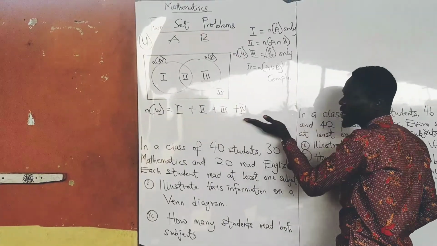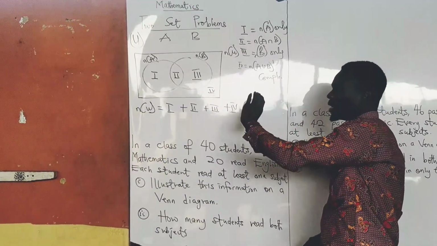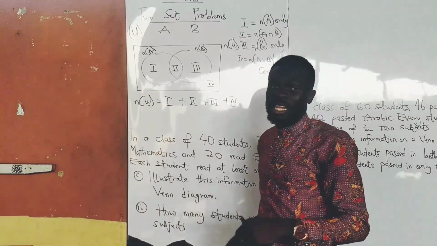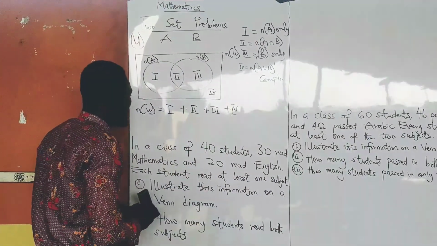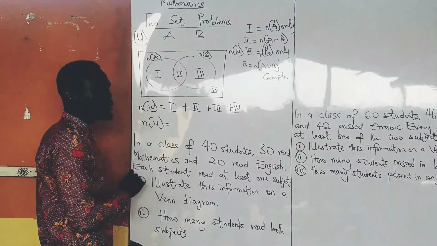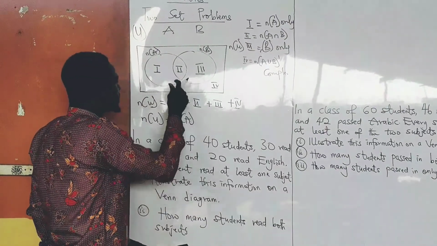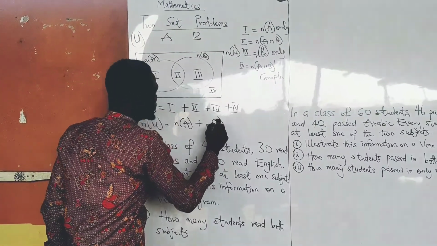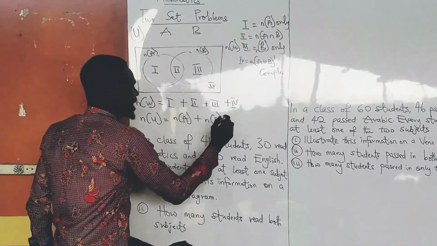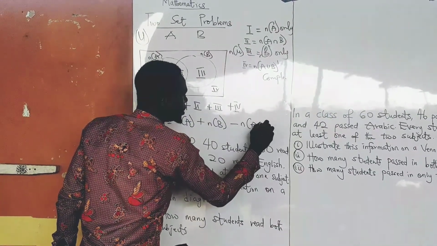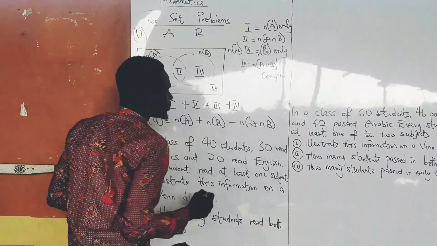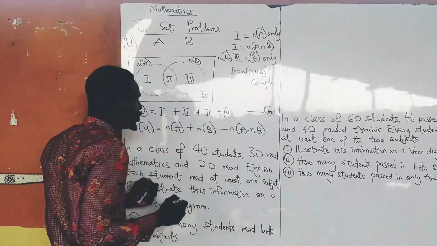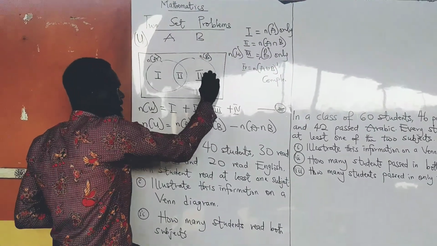So with this, we can solve two-set problems. In terms of representing them by their elements, we can say the number U is equal to the number A, which is the whole of this, plus the number B, which is also the whole of this, minus the number A intersection B. But most of the time, we use this plus this plus this plus this.